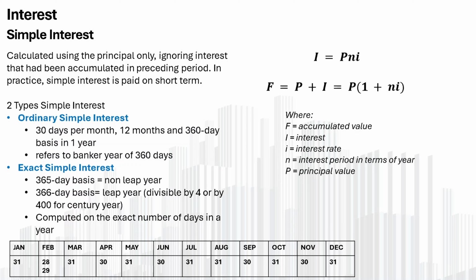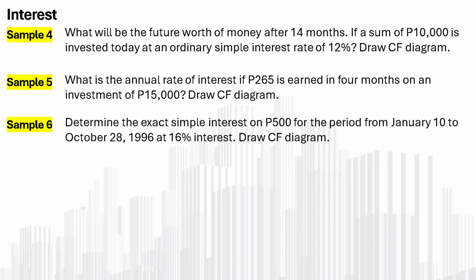And for the future value, the total accumulated value, that will simply be principal plus interest, like we represented in words a few slides ago, or just simply the product of principal times 1 plus NI. Okay, there we go.